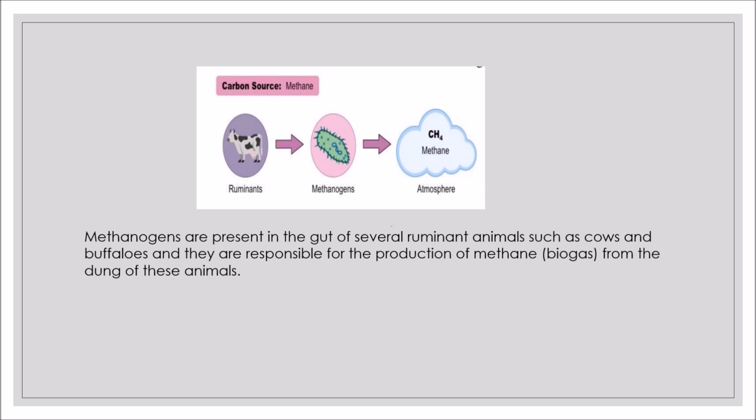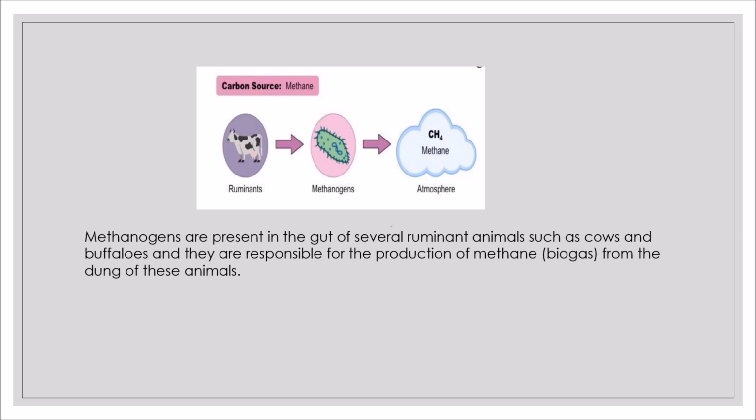You would have studied this in renewable and non-renewable resources, where you learned about methane gas. This methane gas is produced only because of the methanogens present in the gut of these ruminant animals. After chewing and digestion, the methane is present in the cow dung because of the methanogens.